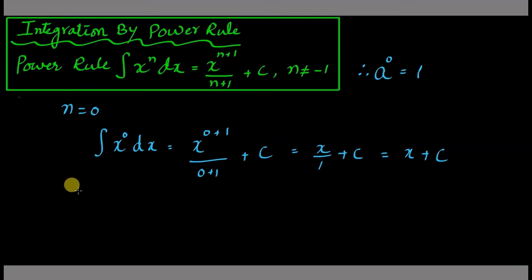It means you can say in this power rule the number n is applicable for all integers. If you are saying integers, it means 0, plus 1, plus minus 2, plus minus 3 and so on, but we are skipping minus 1 because there is a restriction.